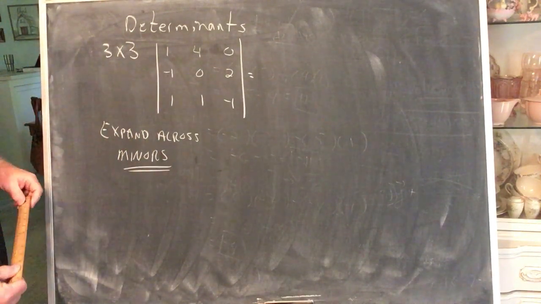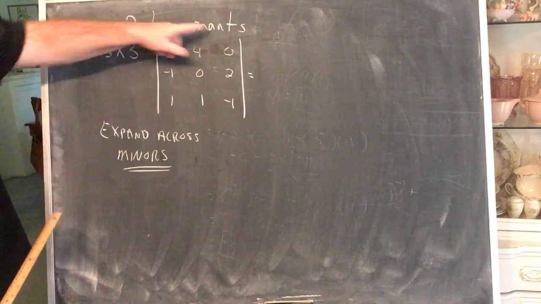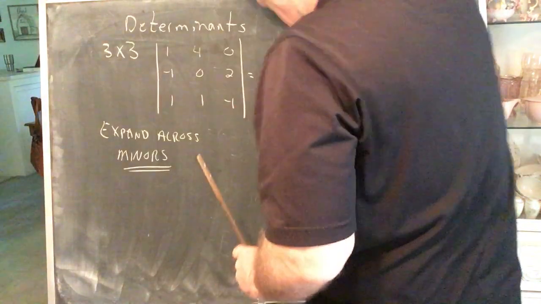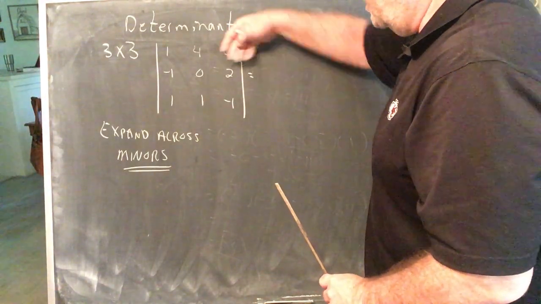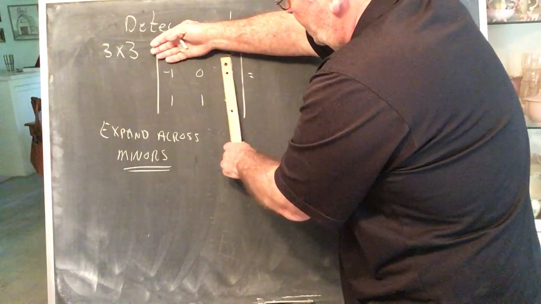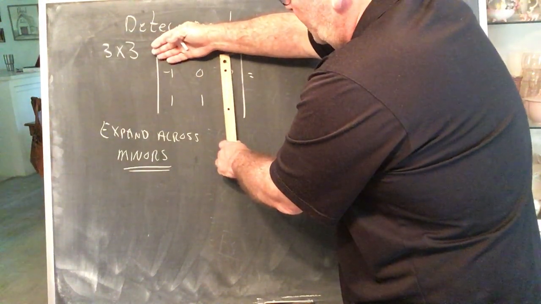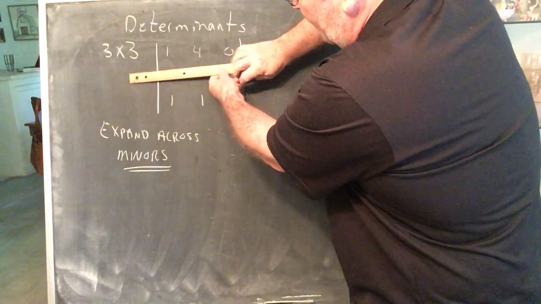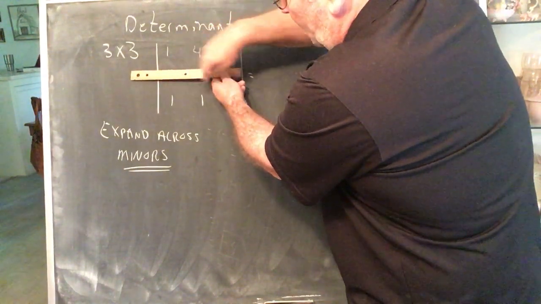So every position, now you're free to do this, so it'll be harder to see here. Suppose we expand across the third column. So you eliminate the third column. The minor of 0 is eliminate that column, eliminate that row, here. And there's that minor. The minor of 2 is you eliminate this column and you eliminate that row. You're left with the 1, 4, 1, 1.